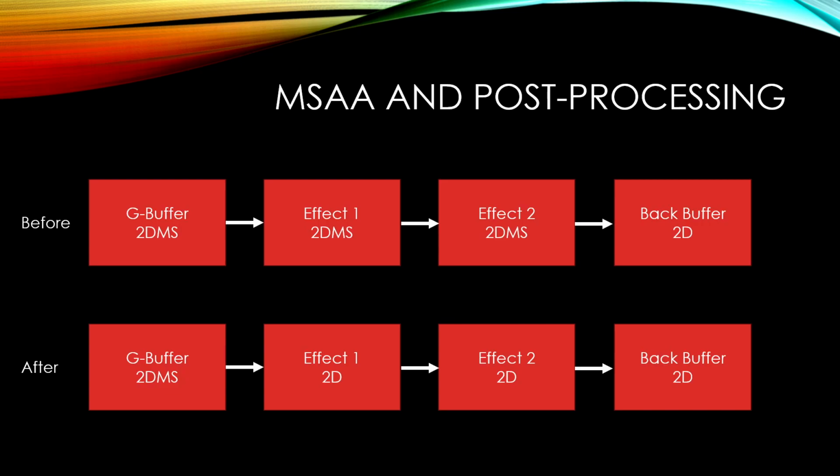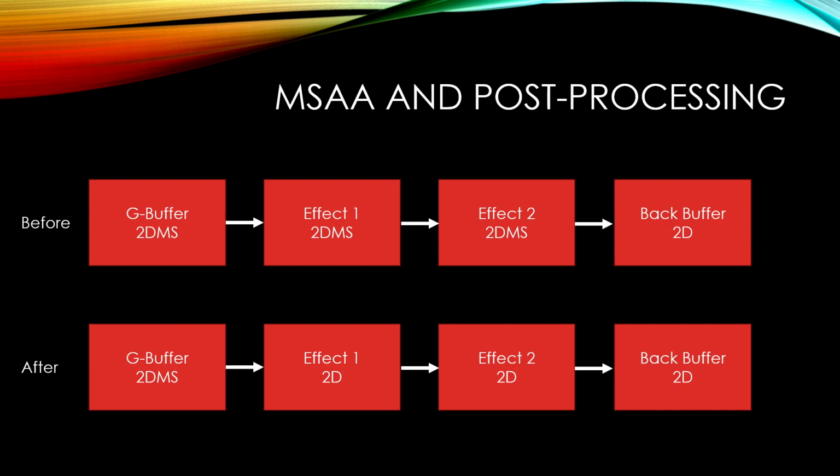I further improved how MSAA and post processing work together. In my first pass at this, we had our G buffer, which is always rendering to a 2D MS texture, even if anti-aliasing is disabled, it's still rendering to a 1x 2D MS texture.